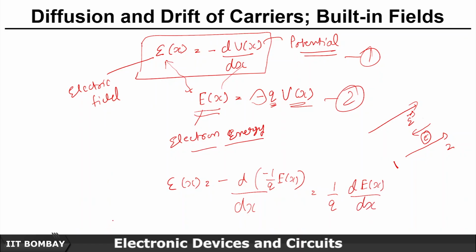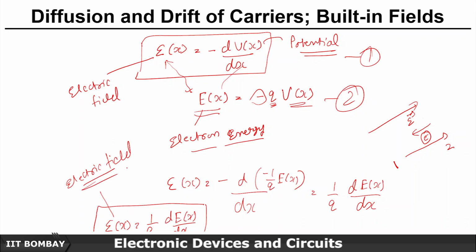So this gives us a very interesting expression: Ex is equal to 1 by q times the derivative of the electron energy with respect to x. So this is the electric field, and this is the electron energy.